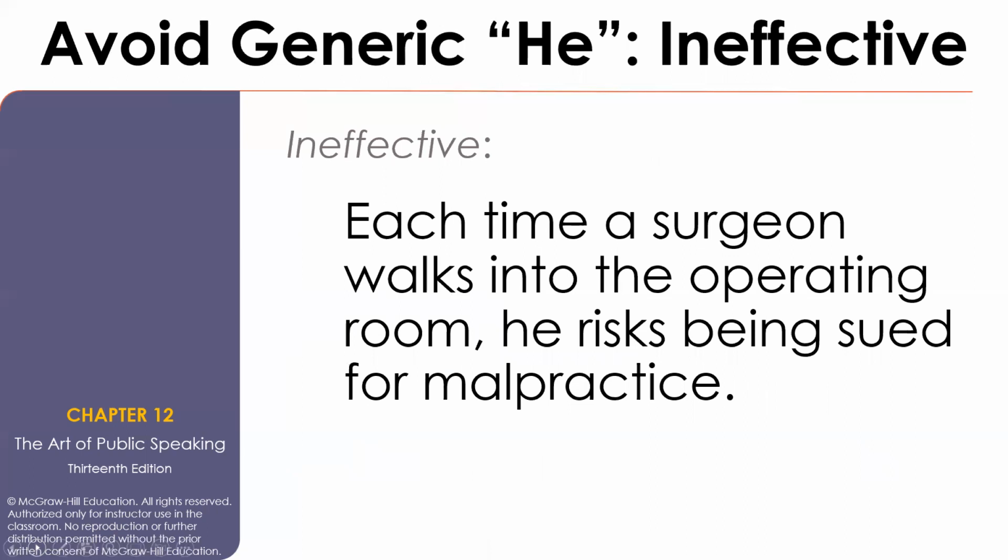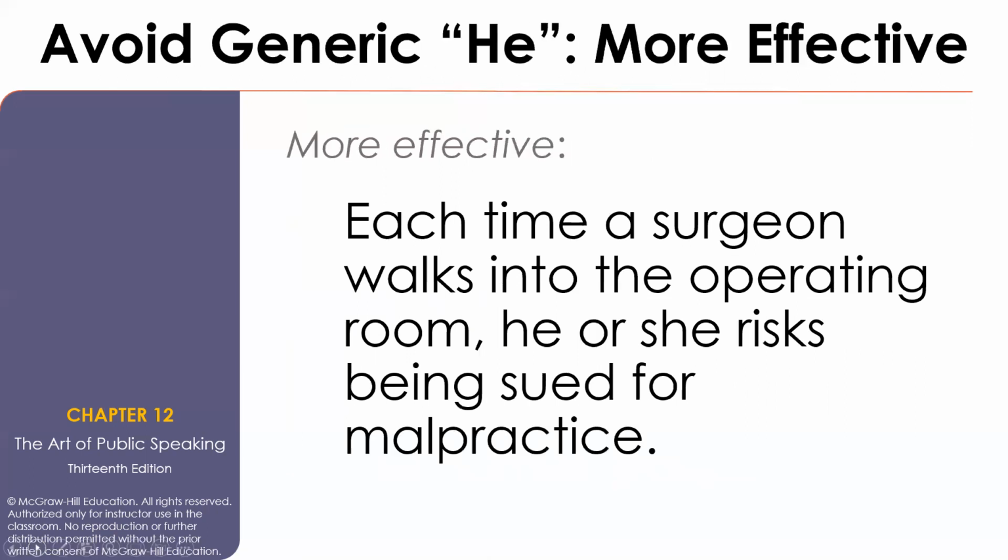An ineffective example of avoiding the generic he is, each time a surgeon walks into the operating room, he risks being sued for malpractice. Instead, try, each time a surgeon walks into the operating room, he or she risks being sued for malpractice.